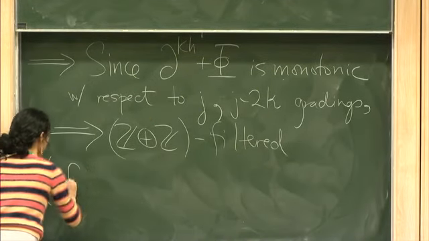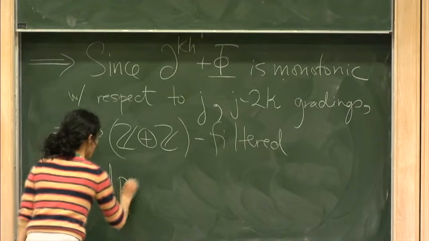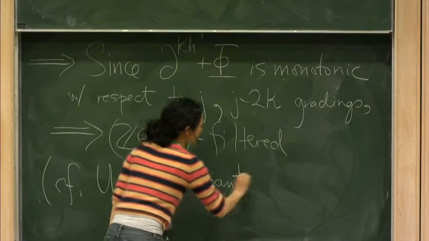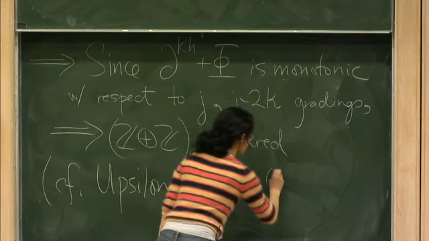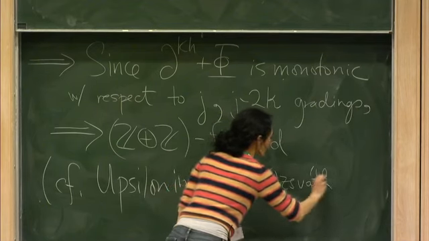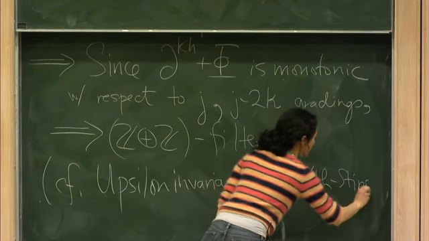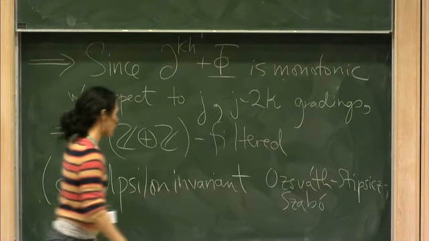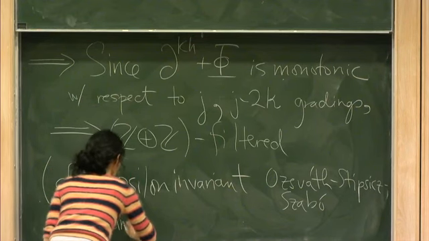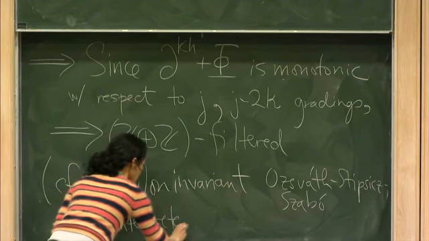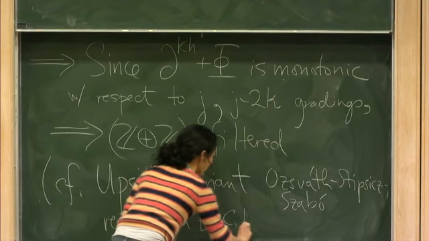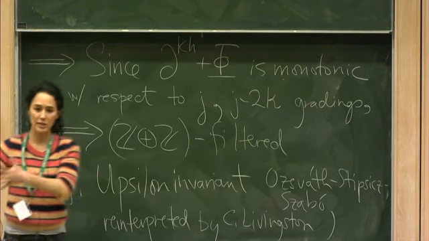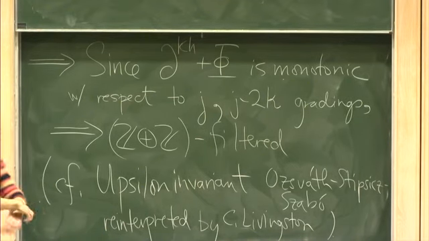The epsilon invariant in knot Floer homology is due to Ozsváth, Szabó, and Hom, but really as reinterpreted by Chuck Livingston. That's where I would recommend you go first if you want to see the connection between what's done in that context and what we're doing here.